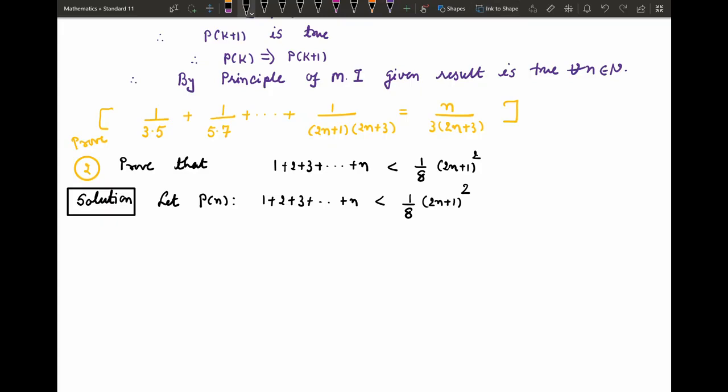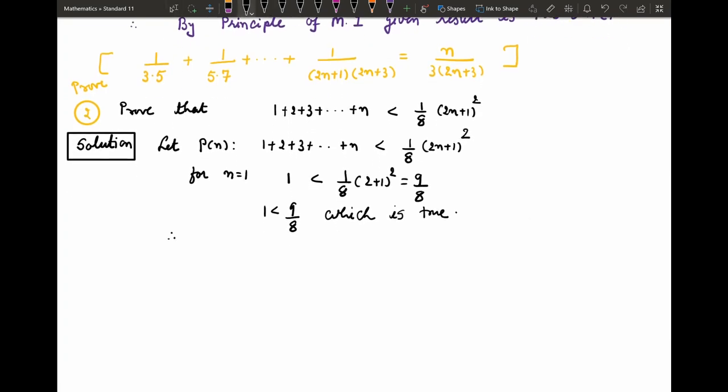So for n equal to 1, the left hand side is 1. On the right hand side, taking n equal to 1, 2 plus 1 square over 8 is 9 by 8, and you can observe 1 is less than 9 by 8, which is true, that is P of 1 is true.